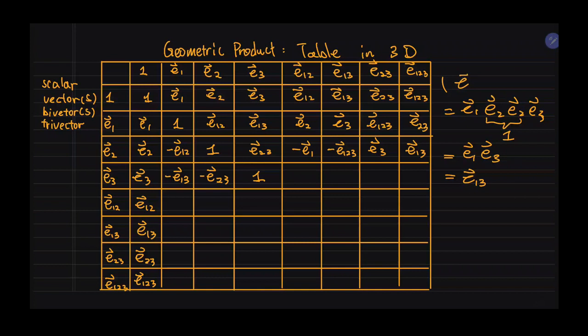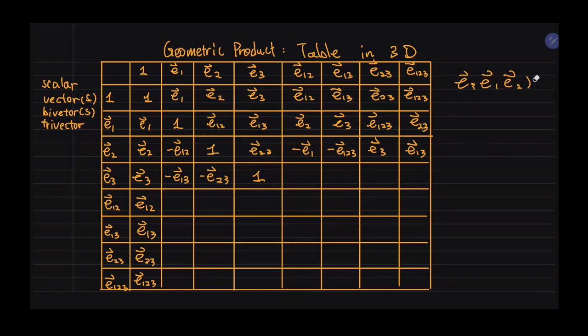This one, e3 e1 e2. We need to swap the order between these two, so it will become e1 e3 e2, and then swap the order between these two again.